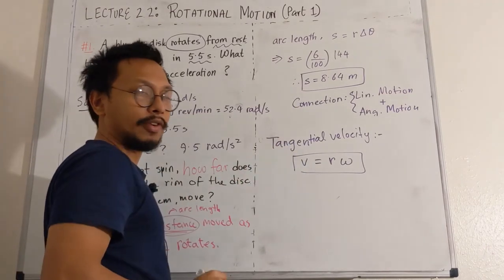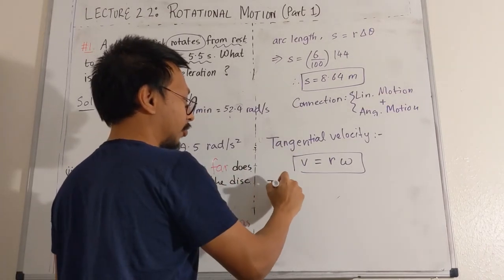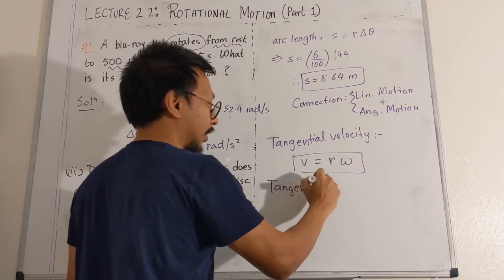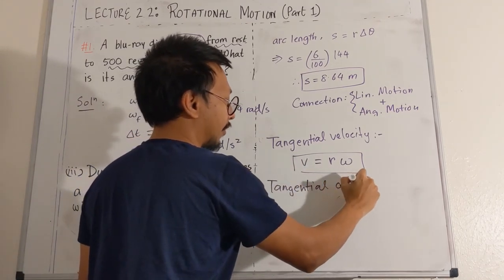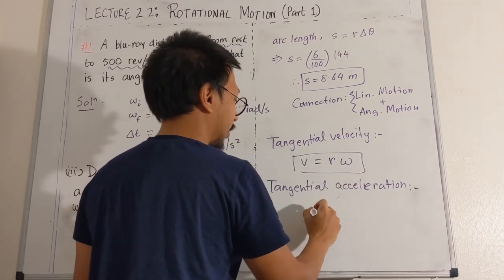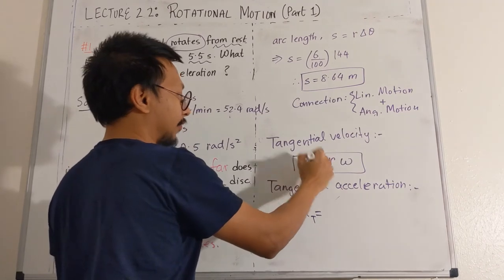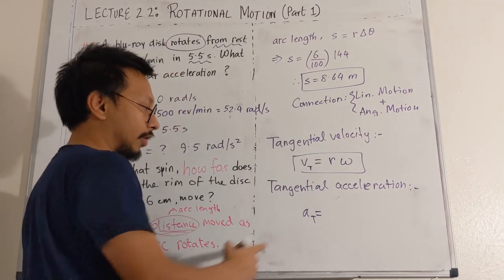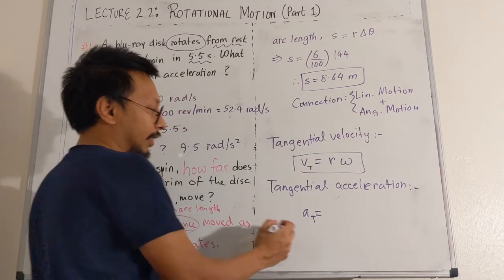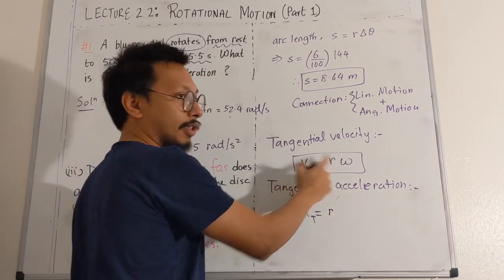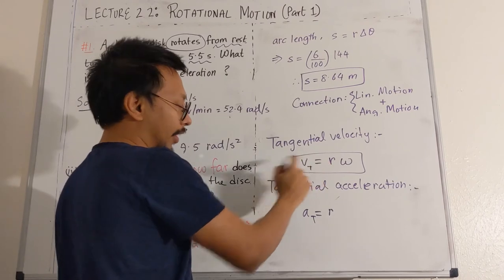Since there is a tangential velocity, naturally there should be a tangential acceleration if this velocity is changing. The tangential acceleration is defined as AT, and let's call the velocity VT so we don't confuse ourselves. AT is also connected via the radius, because velocity is connected to omega by the radius.